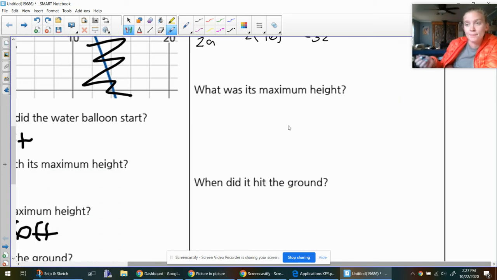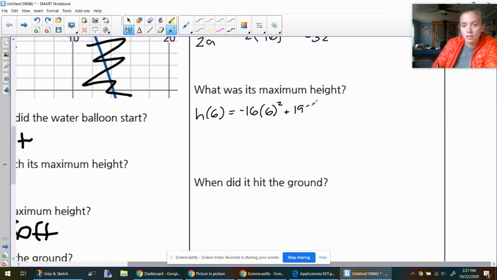To figure out what the maximum height was, we need to figure out where is the function at 6 seconds. So what is the height at 6 seconds? Which means h of 6 is negative 16 times 6 squared plus 192 times 6.